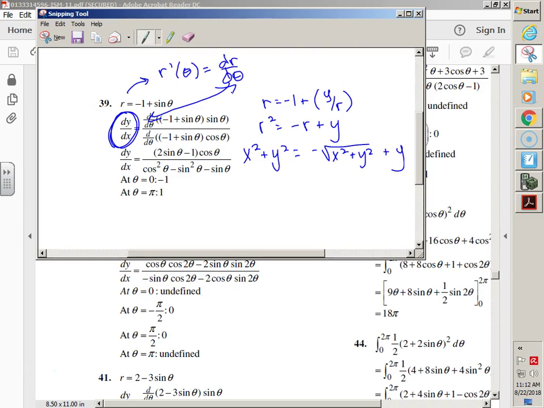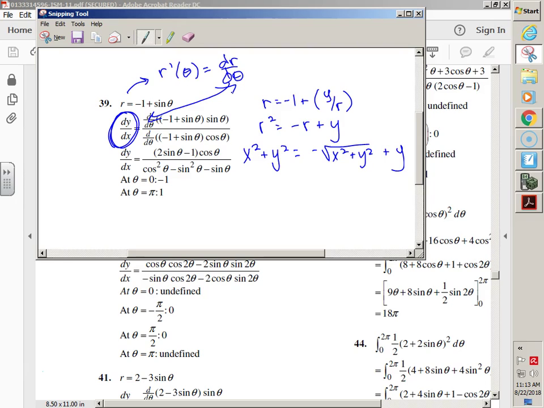But there is a formula that says that dy dx will equal y prime of theta over x prime of theta, but you have to find y using r sine theta, find x using r cosine theta, and then derive using basically product rules, but there's a way of memorizing what happens when you use product rules. So like Kathy said, there is a formula. We will learn it eventually. Now is not that time. I was just seeing if you guys would make it implicit and then derive implicitly, but oh well, it was an E for effort maybe on my part.